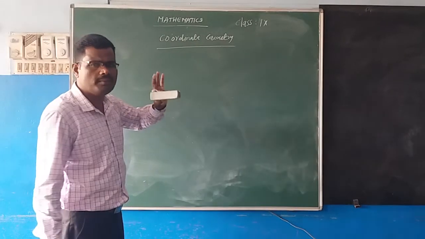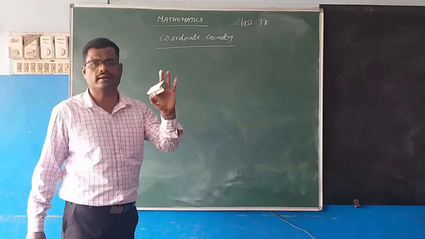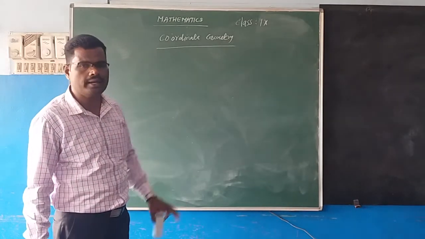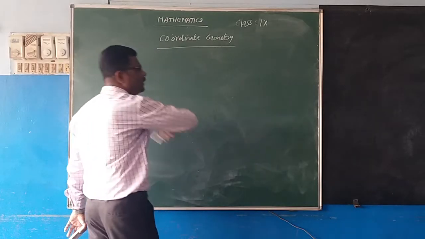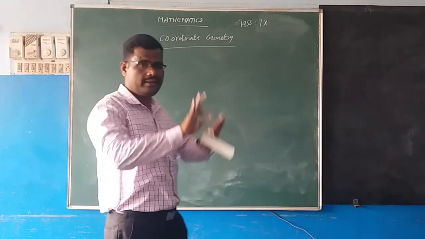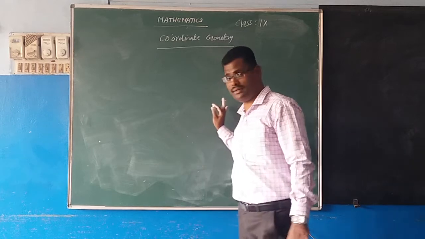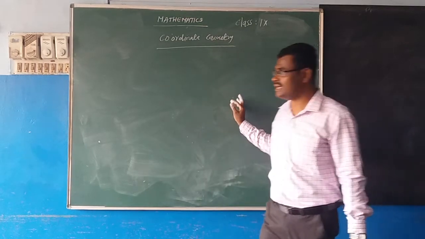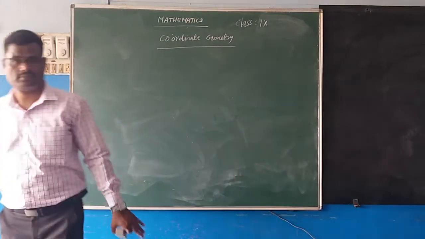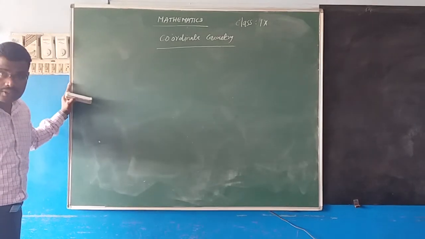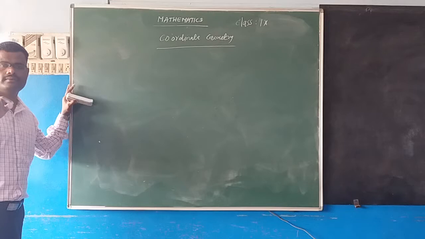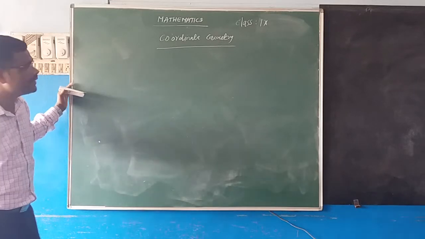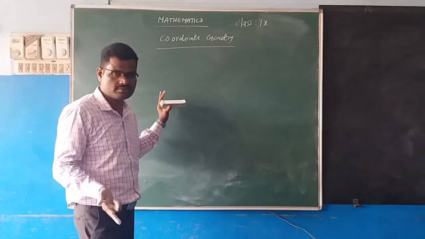Coordinates. What do you mean by coordinates? How we can represent a point on a plane. Suppose this is the plane. What is the meaning of plane? A plane is a surface which has length and breadth only. If it has length, breadth and height, then it is called a solid.